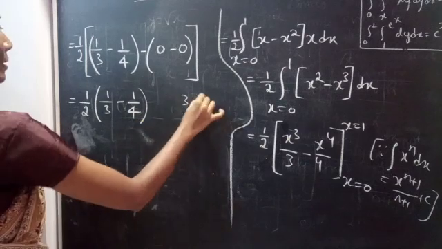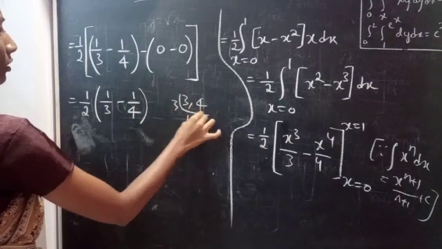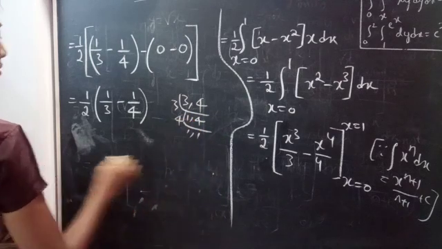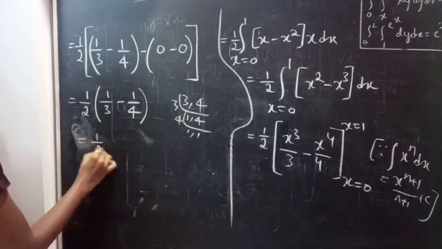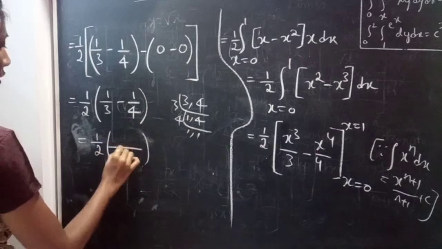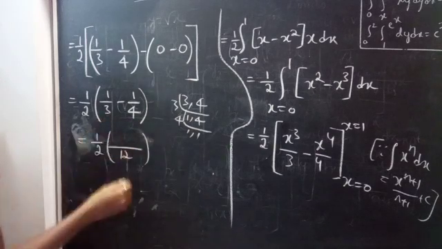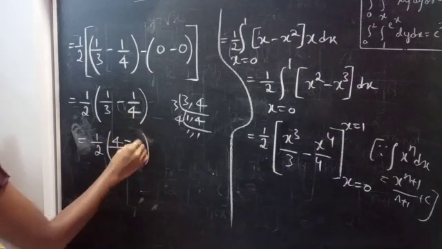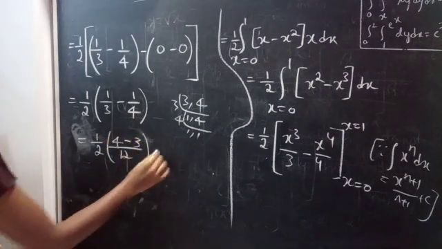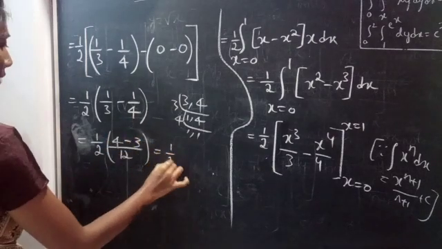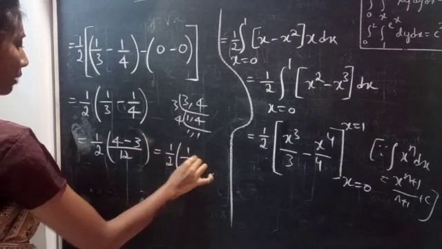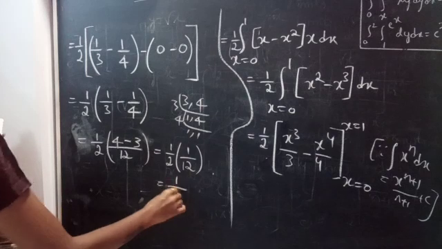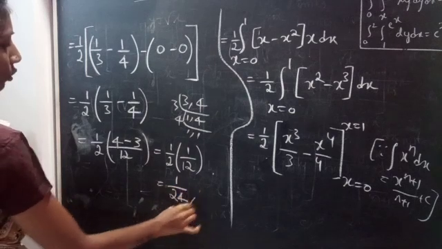So take LCM. 3 4s are 12. So 1 by 2 into 4 minus 3 over 12, so this is equal to 1 by 2 into 1 by 12. So this is equal to 1 by 24.